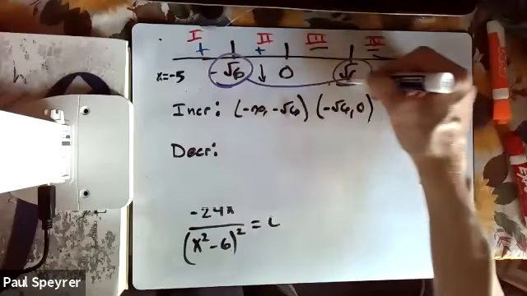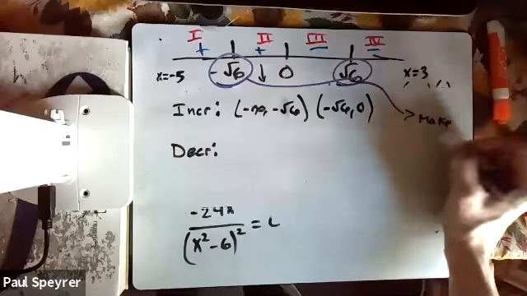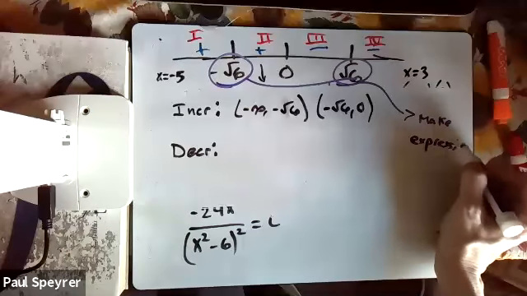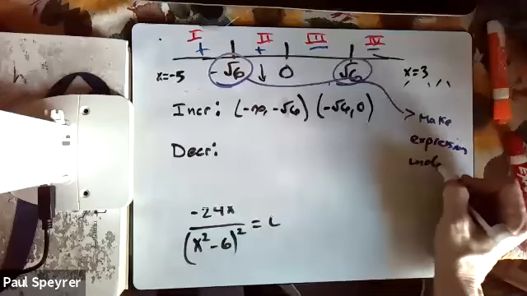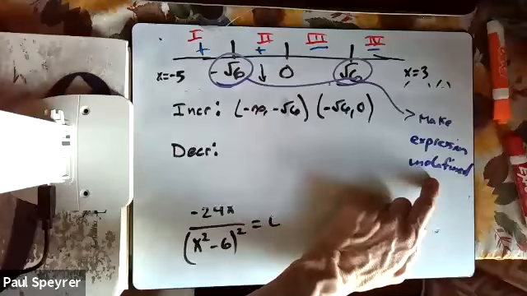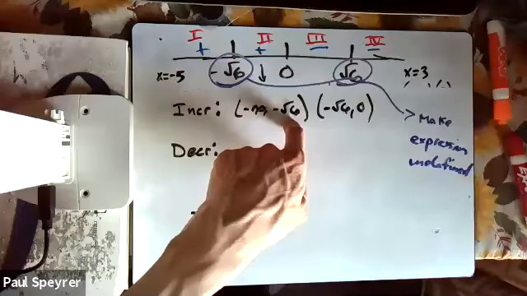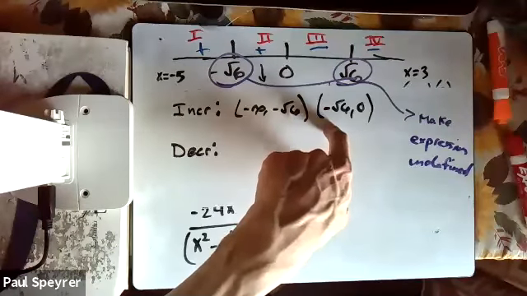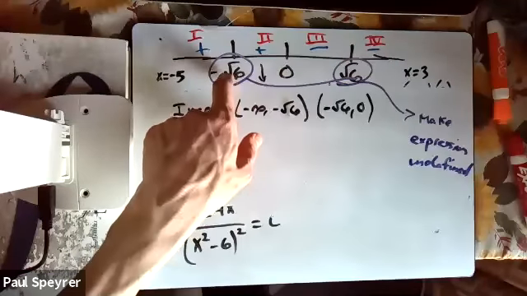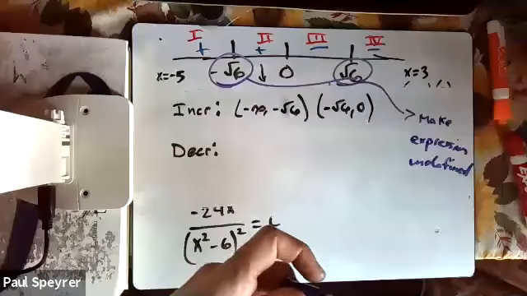So these in the purple make the expression undefined. There's still critical points, but as far as the interval notation, you have to be careful with those, okay? So we have to stop at it briefly and then start back up again. If you say, again, from negative infinity to 0, you're saying it's legal to plug in negative root 6. But again, we can't plug that in because that'll make the bottom undefined right there.